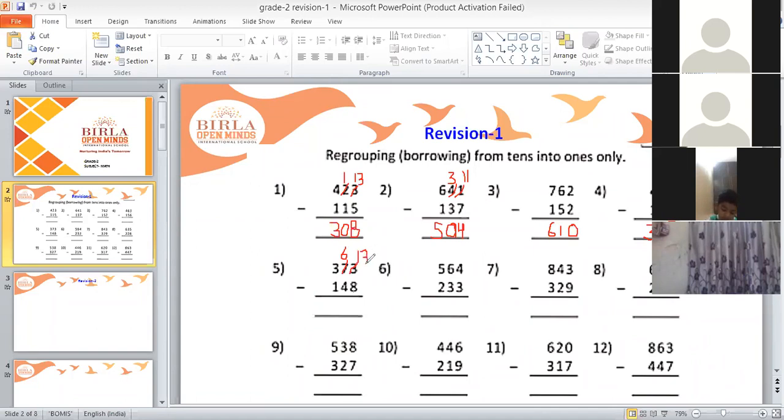Okay, so now tell me 13 minus 8 how much? Start counting after 8 and count till 13. Tanishka, how much? 9, 10, 11, 12, 13. 5, ma'am. 13 minus 8 is 5.